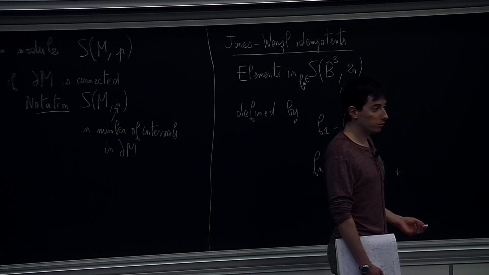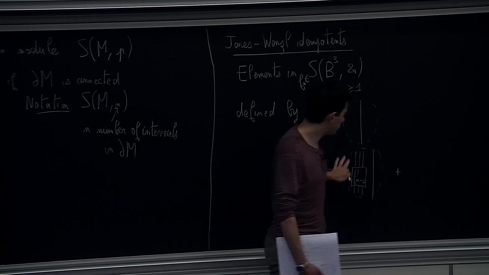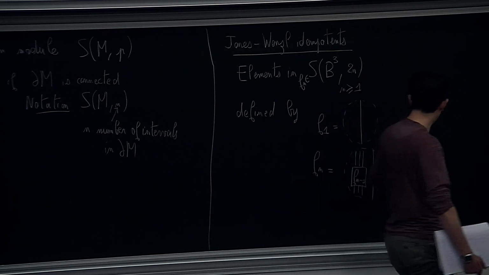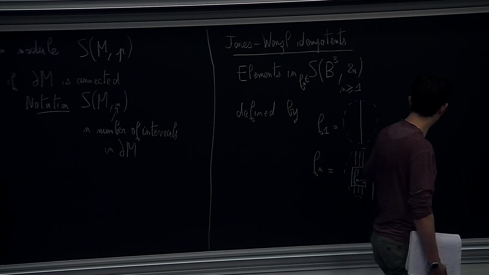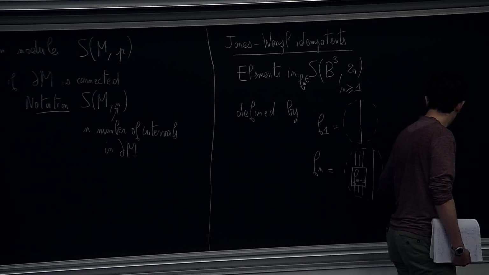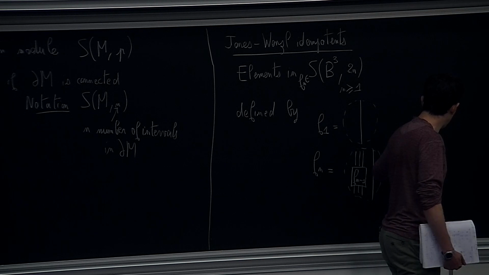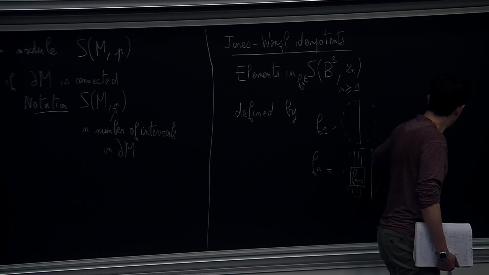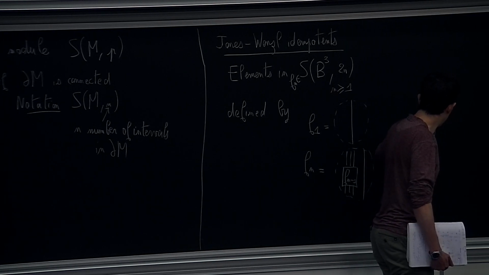So this thing would be a linear combination of tangles with endpoints on the boundary in a ball, and I add another such linear combination of tangles, which will be the following. So here I put f_{n-1} twice, and I add the strand like this.